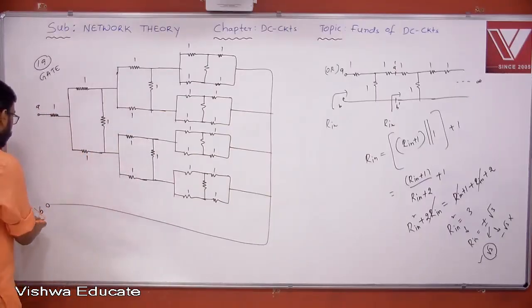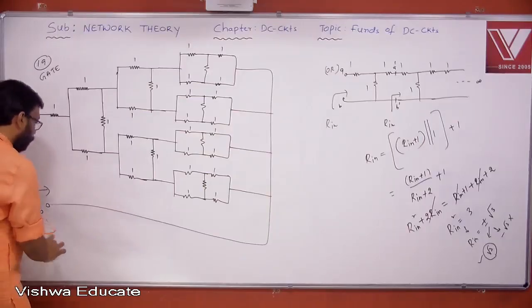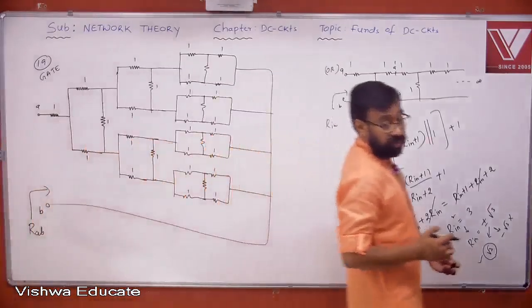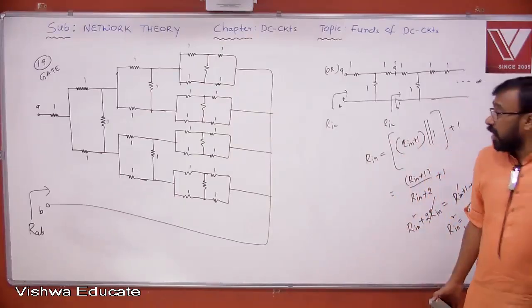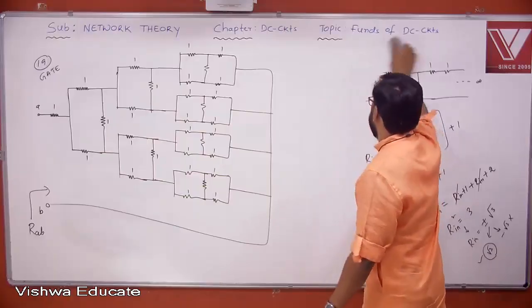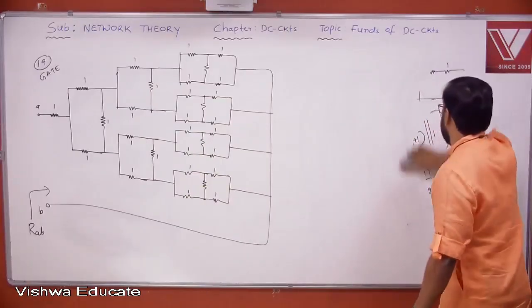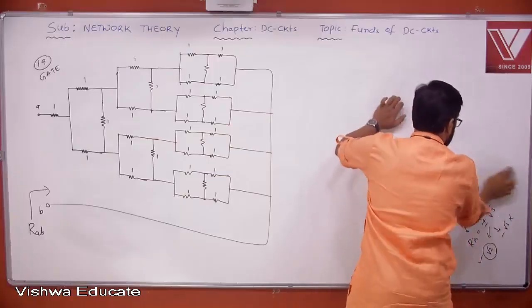Then you are expected to find this R_EB here. I think it takes more time to draw, but the solution is very simple. So look at that network. Make an attempt, all of you, quickly. I think you can do it.